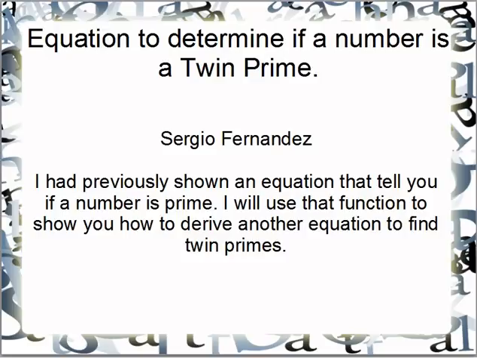Actually, you could manipulate the original equation not only to determine which numbers are twin primes, you could manipulate it to determine which numbers are sexy primes, or any pair of primes of any given distance from each other.